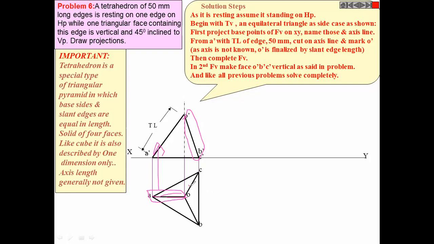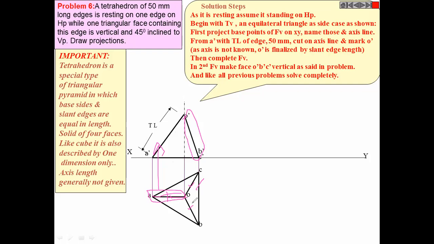Whereas these both are inclined to HP and VP. That's why we are not actually making them horizontal. Yes, indirectly it happened, but mainly our focus was to have this horizontal in top view, so that we will have its true length in front view.